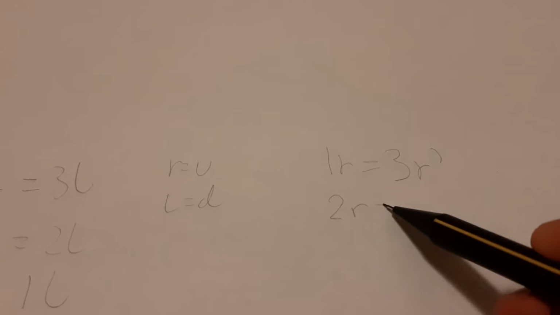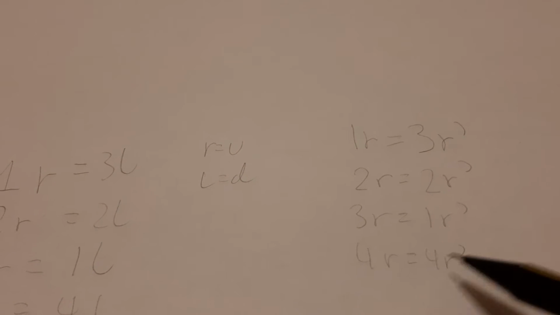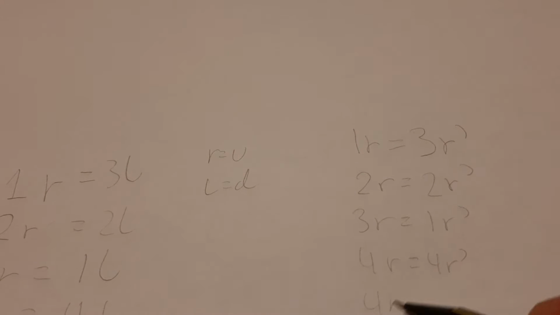And then if we just copy everything else on the table, 2 right equals 2 right inverse, which is 2 left. And then 3 right equals 1 right inverse, and then 4 right equals 4 right inverse, and 4 right is also equal to 0 right. Now we start getting a better understanding of how the rotations of a Rubik's Cube work.